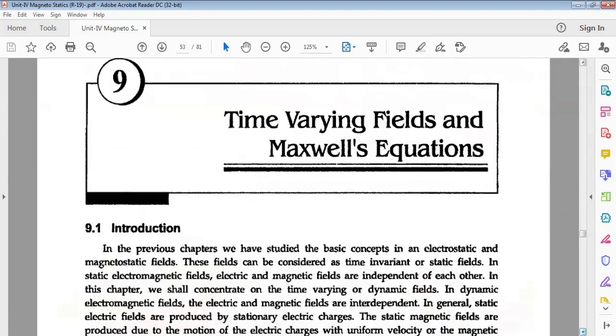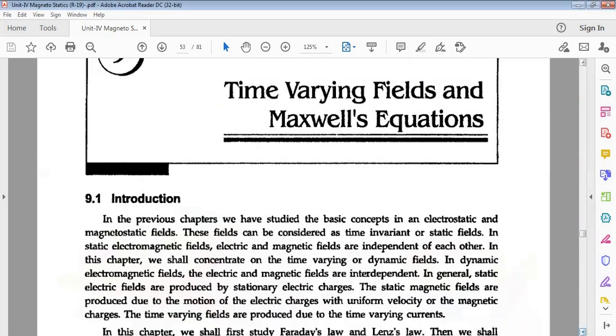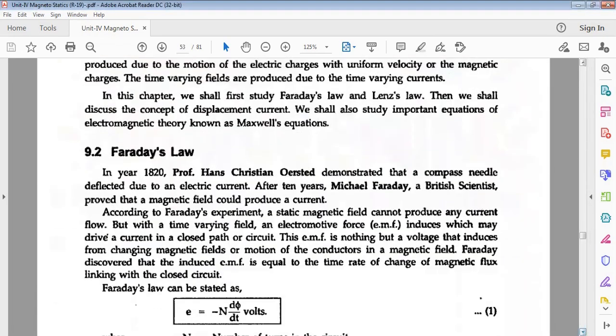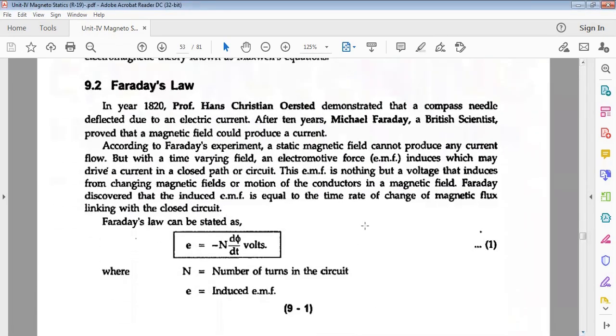The next topics after magnetostatics are time varying fields and Maxwell's equations. Maxwell's equations, we already derived two of them. One is del dot D bar is equal to rho v and the other is B bar dot dS bar is equal to 0.